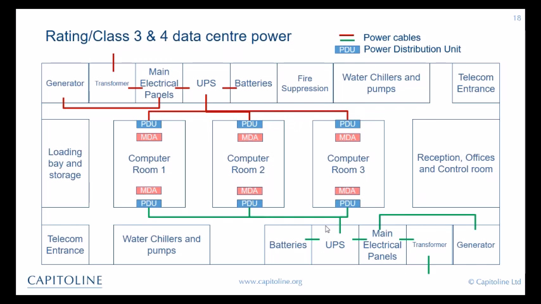So for instance, we're looking at power cable connectivity for a class 3 or class 4 data center, and you can see that within those classes you have duplicated systems as demonstrated by the red connectivity lines and the green connectivity lines here. So we have a red system and a green system, A and B, so dual power feeds into each of the 3 computer rooms that are shown in the middle.